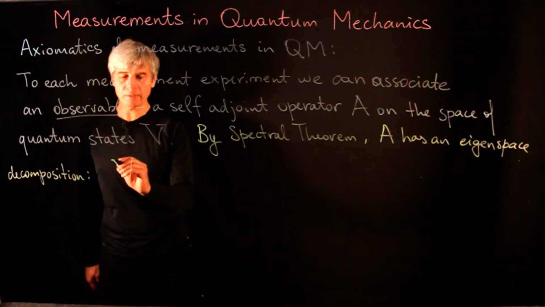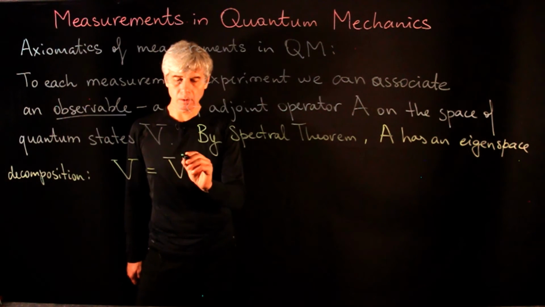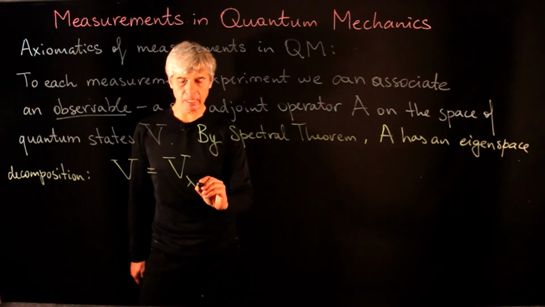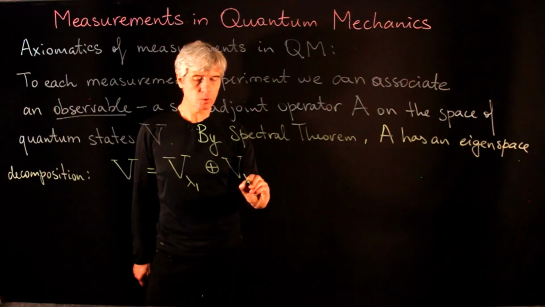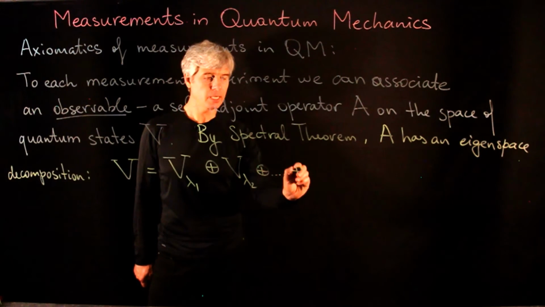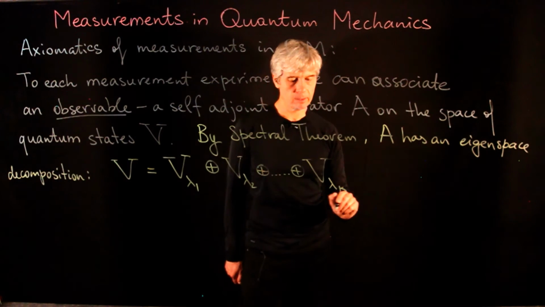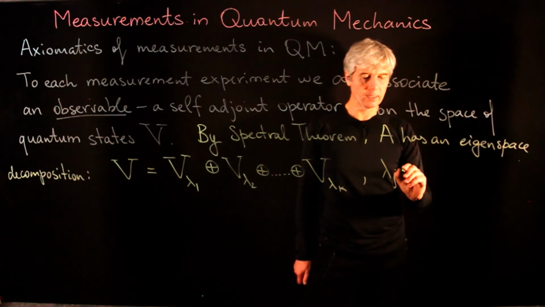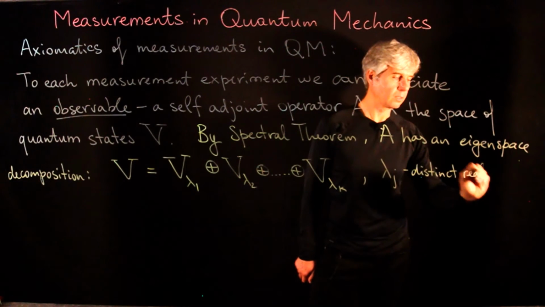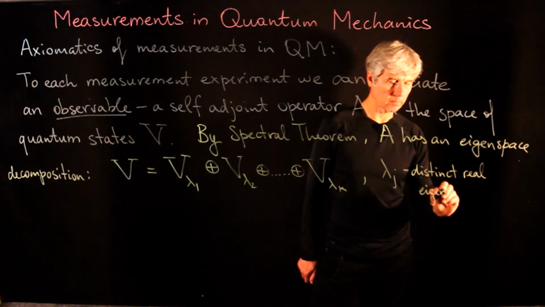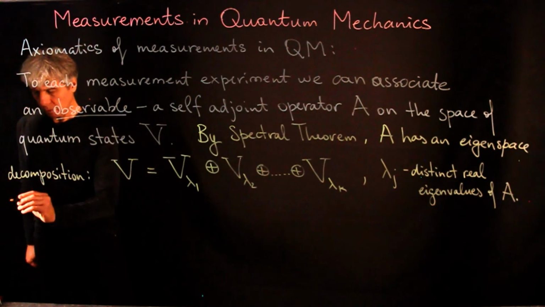So this means that the whole space V decomposes as a sum of eigenspaces. So V lambda 1 plus V lambda 2 plus V lambda k, where the lambda j's are distinct real eigenvalues of A.